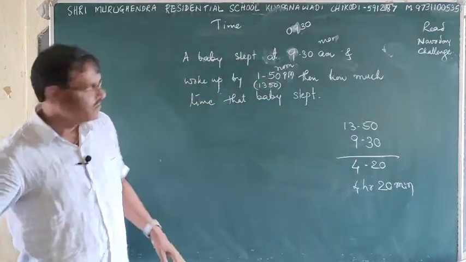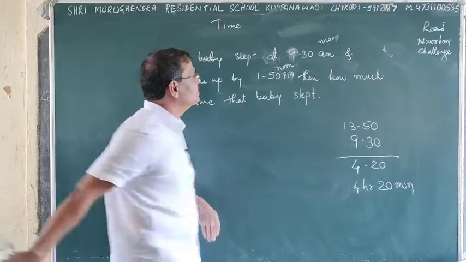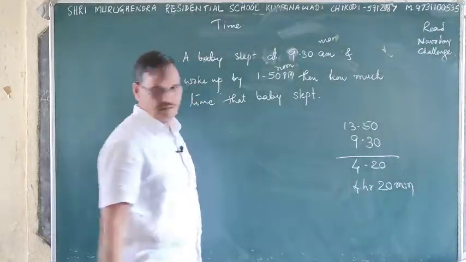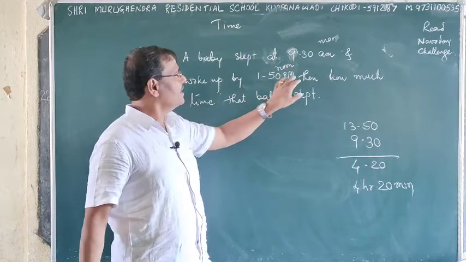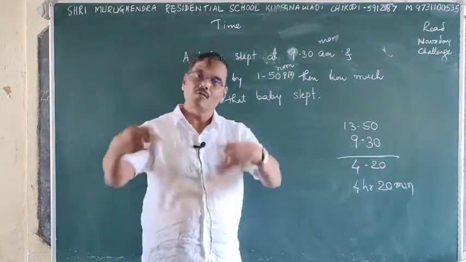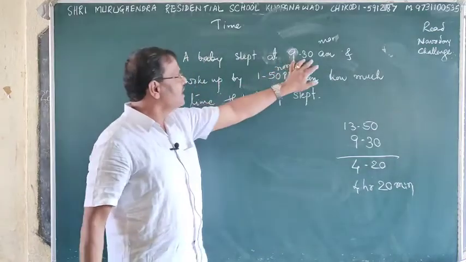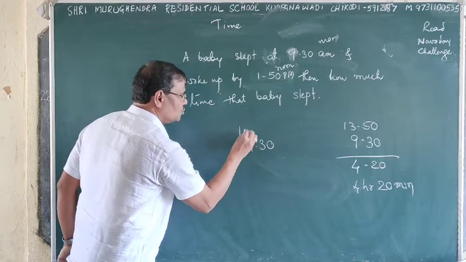If the real time is not given, and simply this much is given: a baby slept at 9:30 a.m. and woke up by 1:50 p.m. Then how you have to do is, see, 9:30 to 12 comes.